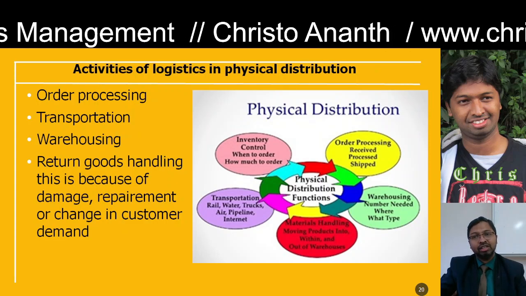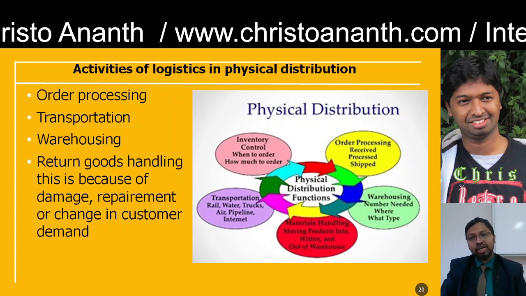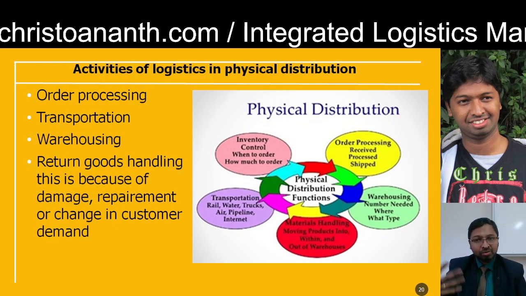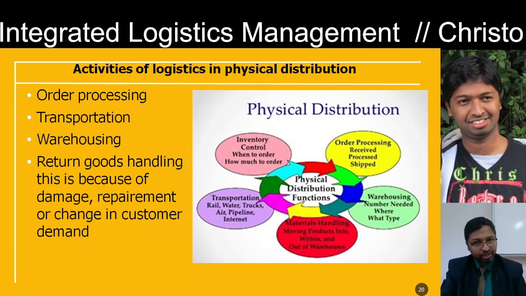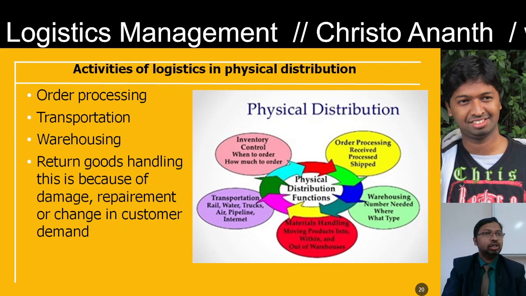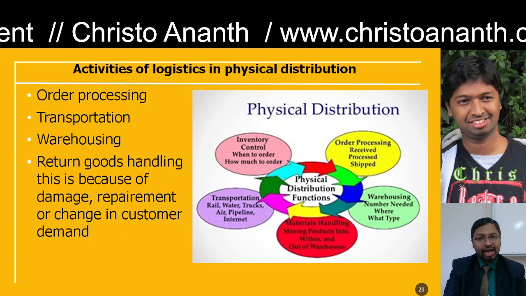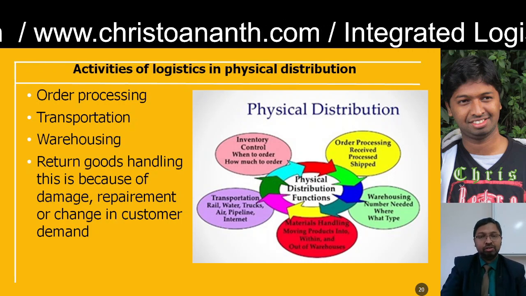Order processing: received, processed, and shipped. Warehousing: how many, where, and what type. Material handling: moving products within or out of the warehouse. Transportation: what type, whether rail, water, trucks, air, pipeline, or even online, the internet, for distribution.